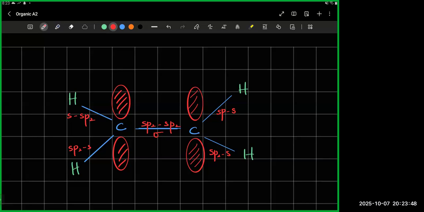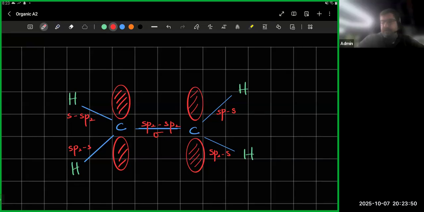Yes. And then you have these useless p orbitals, which are not doing anything initially. What are they going to do? They're going to start overlapping with each other as well. So they'll overlap from the top and from the bottom.